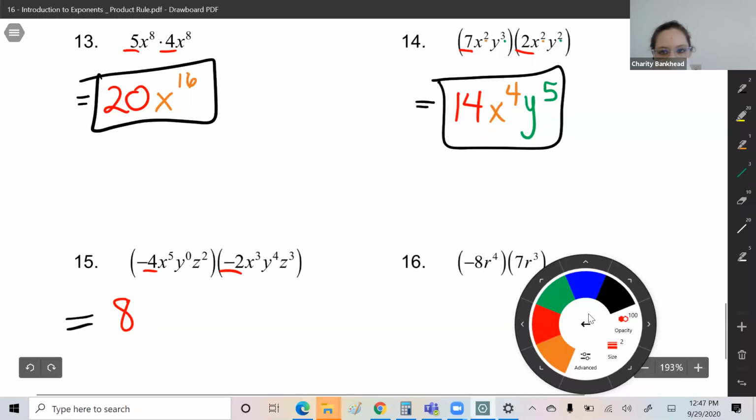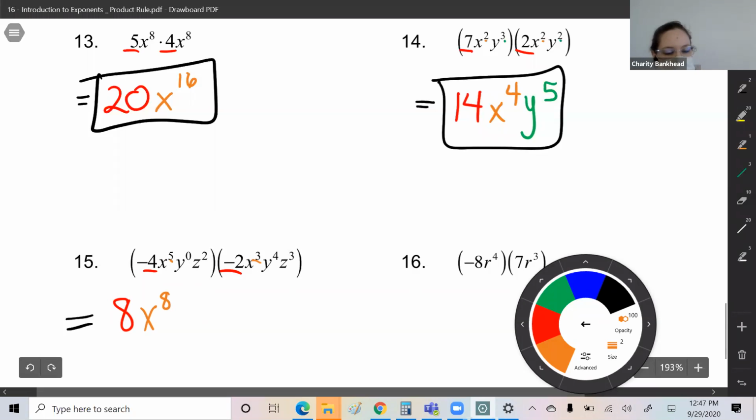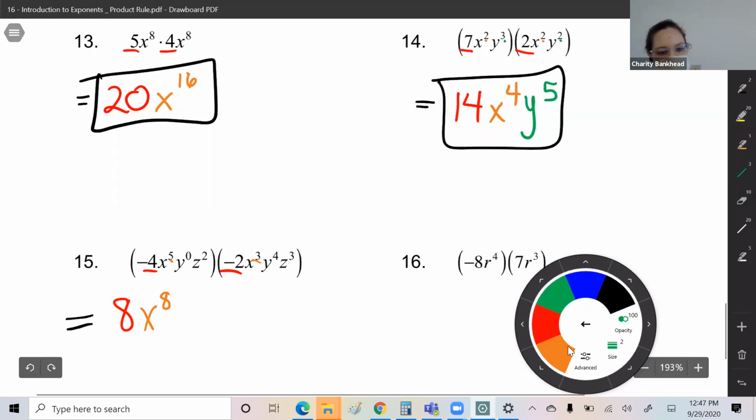Okay, then for the x's, 5 plus 3 is 8, so x to the 8th. And then for the y, 0 plus 4 is 4, so that'll be y to the 4th. And then for the z, 2 plus 3 is 5, so it's going to be z to the 5th.